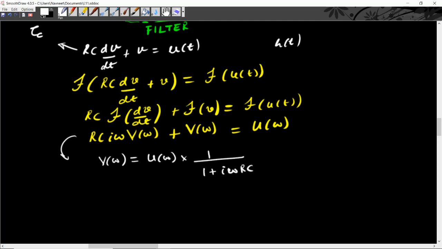Note that the product of resistance and capacitance has units of time, and therefore omega times this RC value is dimensionless.